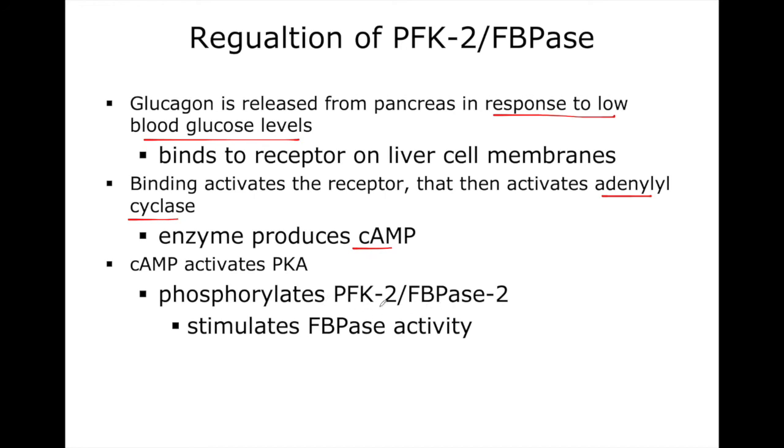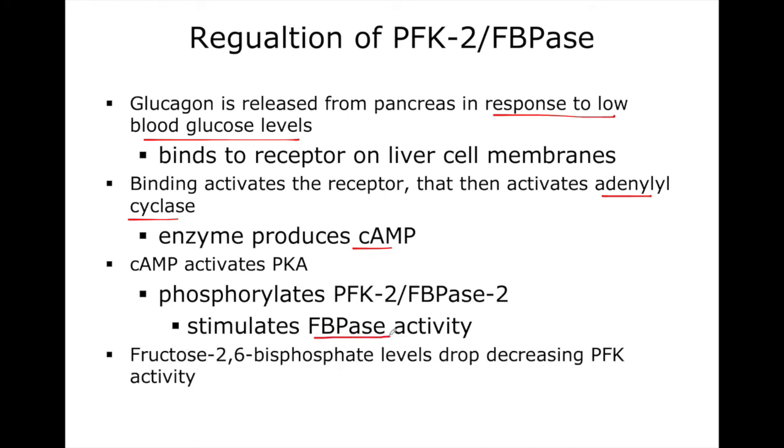When it phosphorylates the enzyme, the phosphatase is active. And when the phosphatase is active, our fructose 2,6-bisphosphate levels will drop because we're removing one of our phosphates. We're going to take off a phosphate and convert that to fructose 6-phosphate.